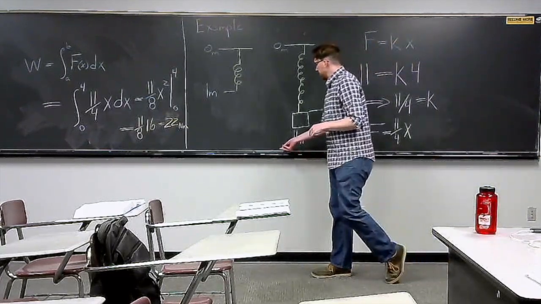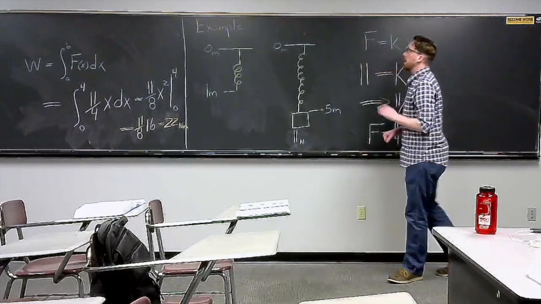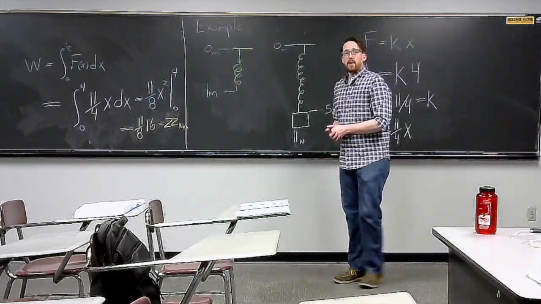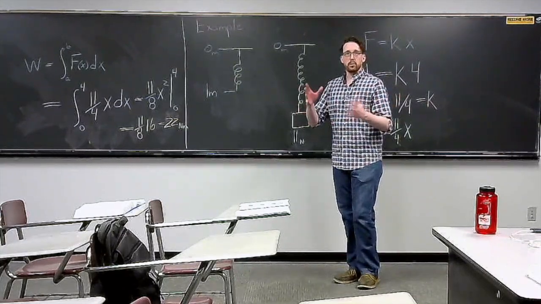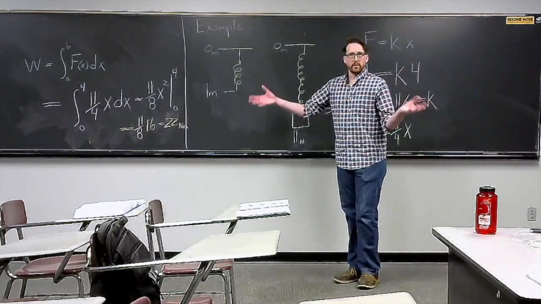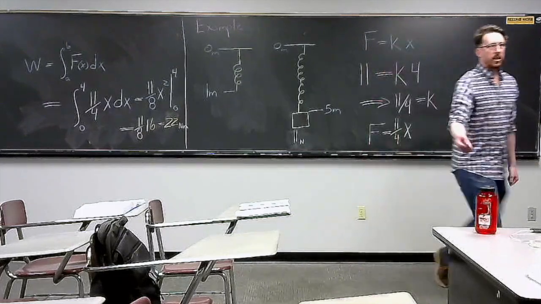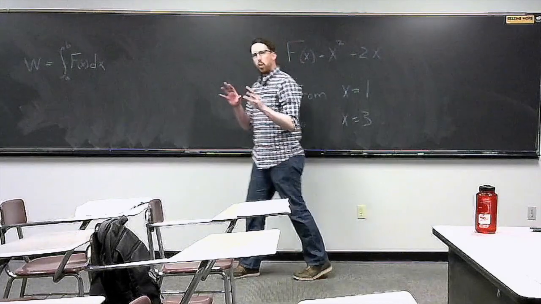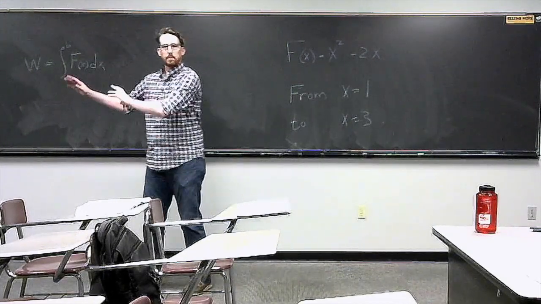Having said that, let's check out one more example of these work problems, and then we're going to get into the average of a function over some sort of range of x values. So let's check that out. All right, now in the second example, we've got a particle that's just moving through space.